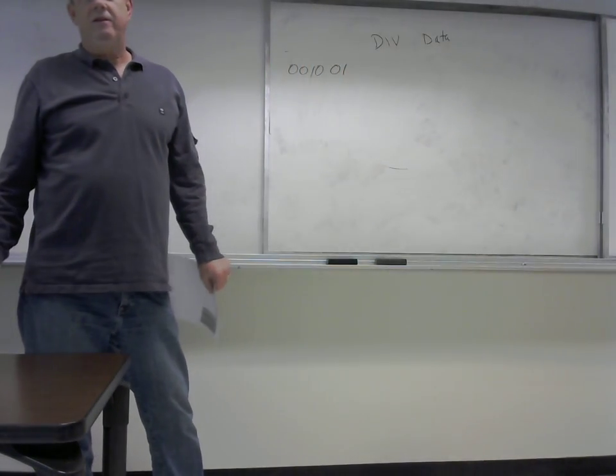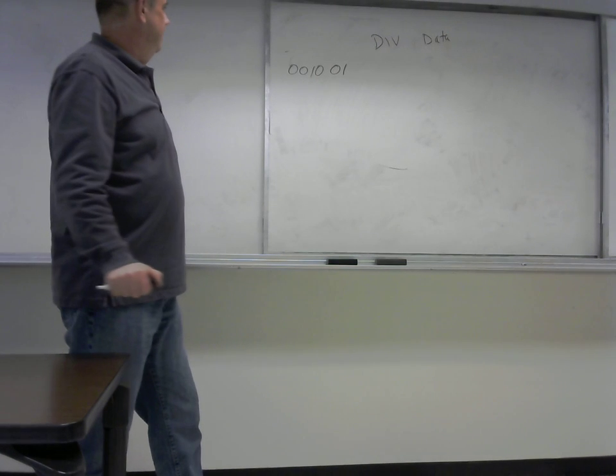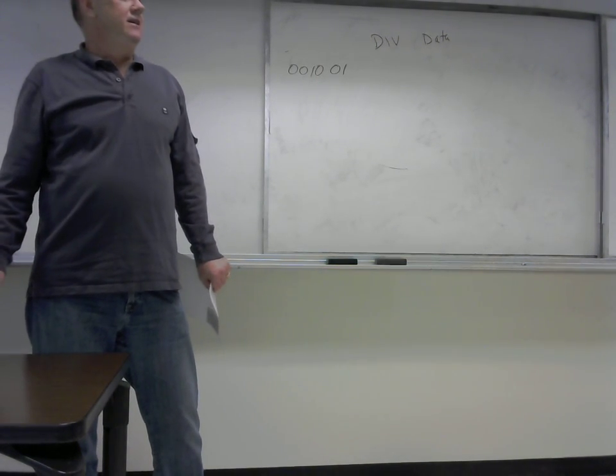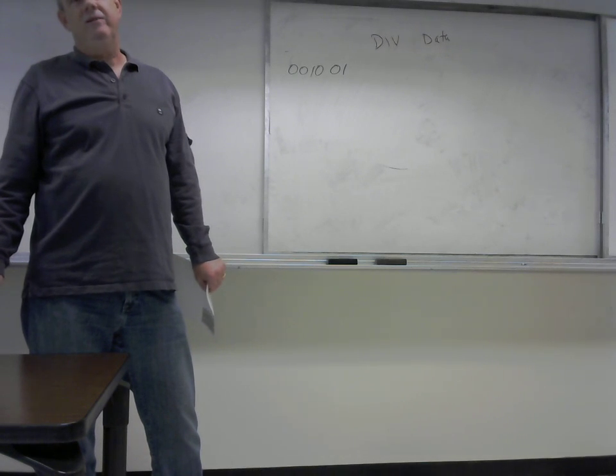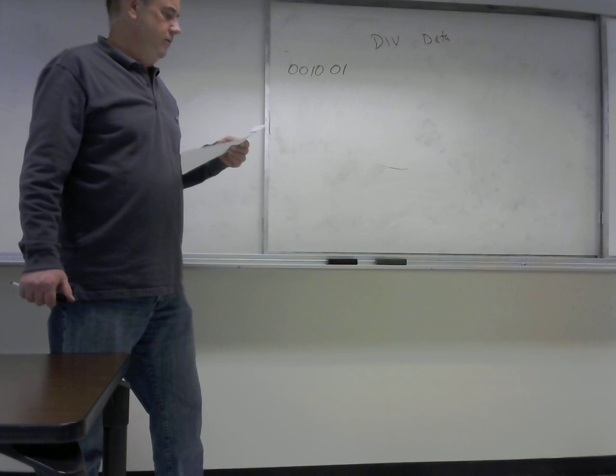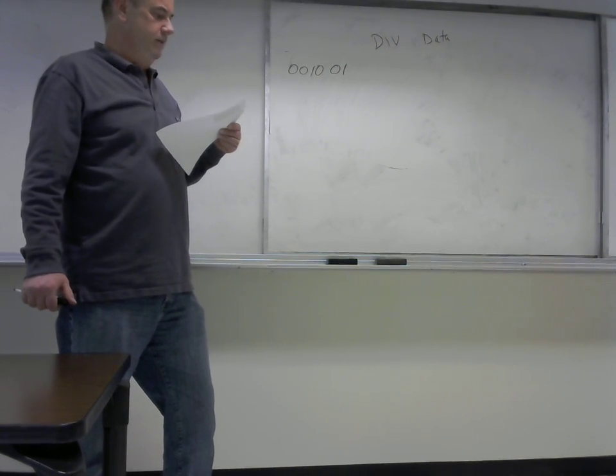Now how is that 24? It looks like 21, doesn't it? The 2 zeros are missing, right? We don't include those because they're always 0. So that's 24.